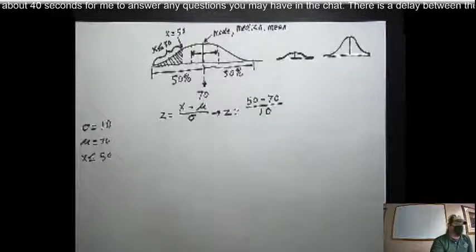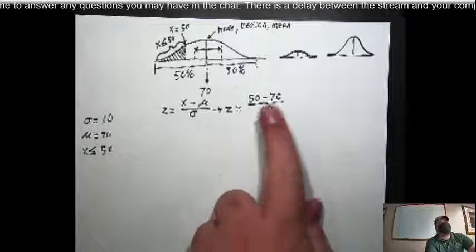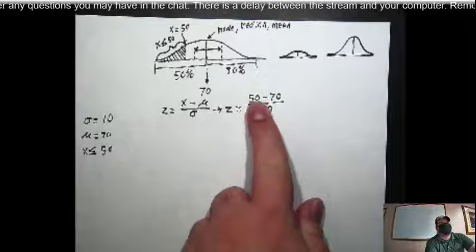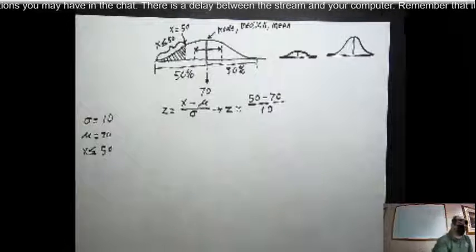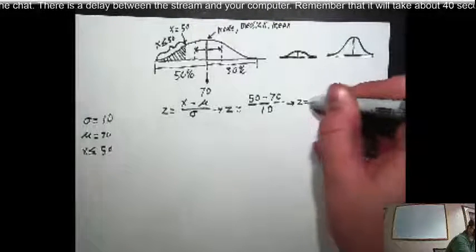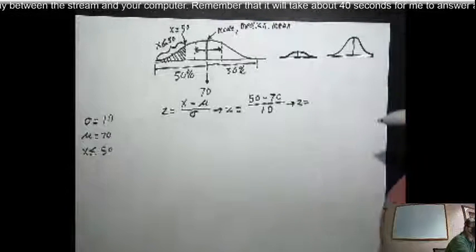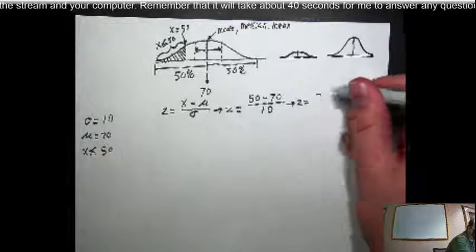And then it's just a matter of doing the simple math that's right here. So first thing we need to do is figure out the top of this fraction. So 50 minus 70 is going to give us what? 50 minus 70, -20, great.